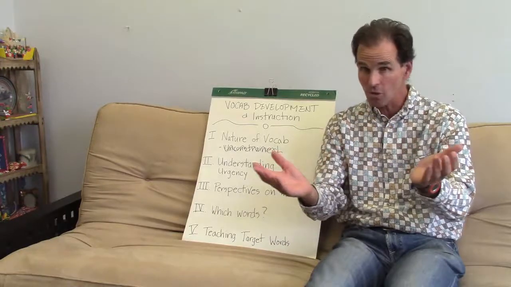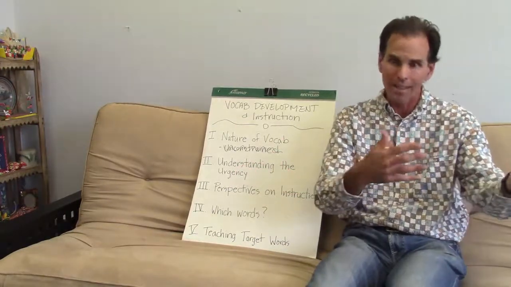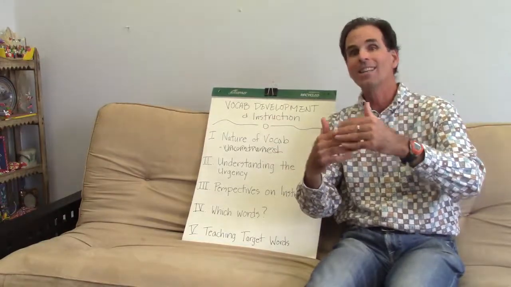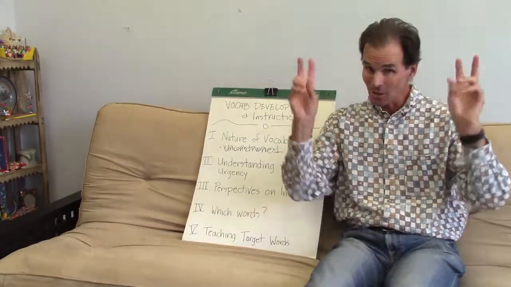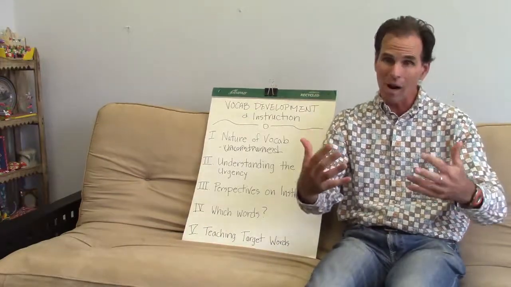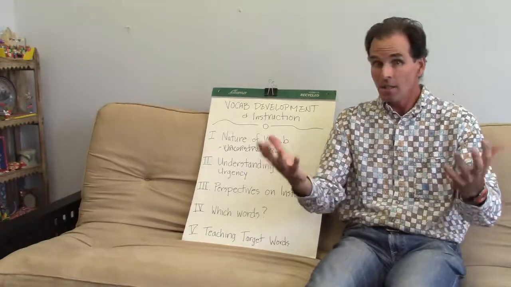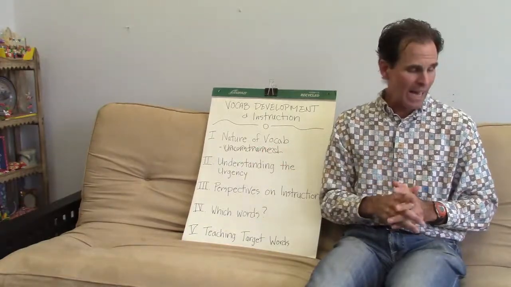I mean, these are kids in the same classrooms receiving the same vocabulary instruction or lack thereof. But for proficient readers, the rich get richer and the poor get poorer, because they're not doing the wide reading that makes even that 1 word learned out of 20 something that really adds up.